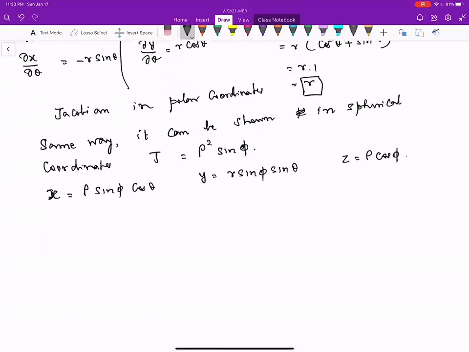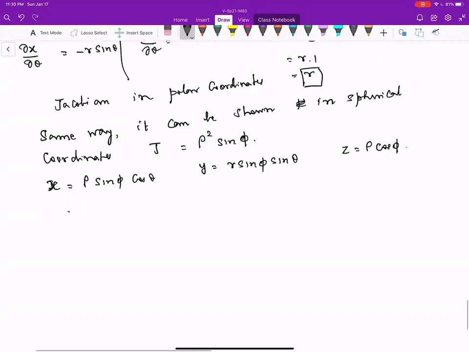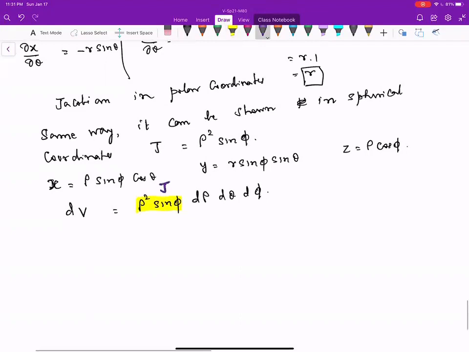And we also know dv changes to rho square sine phi d rho d theta d phi. We can show that this part, rho squared sine phi, is the Jacobian.